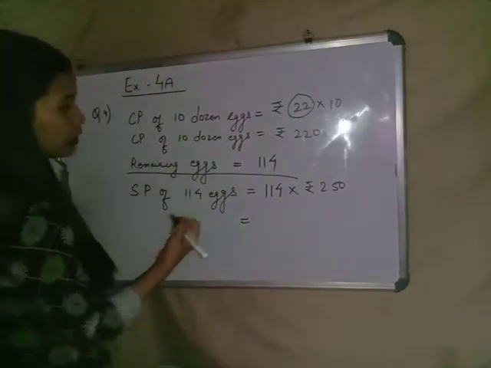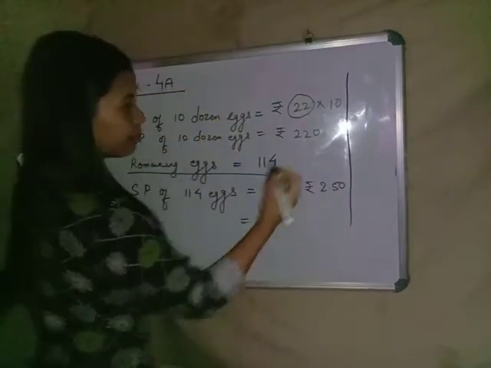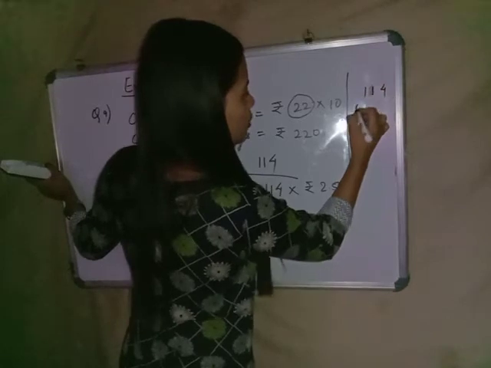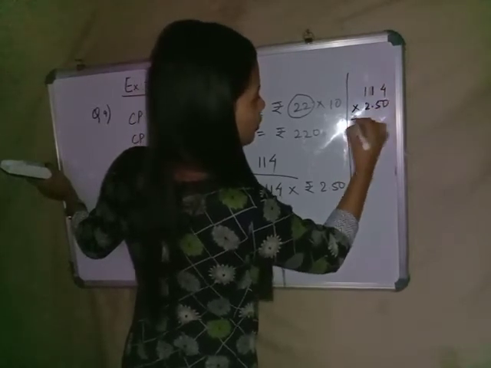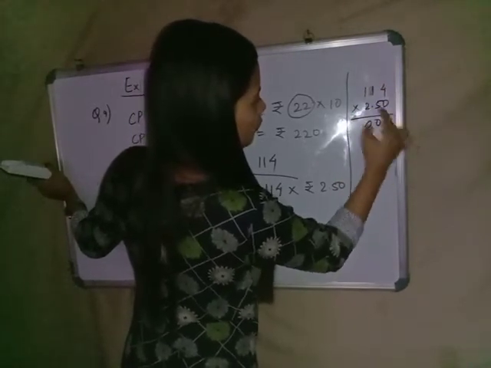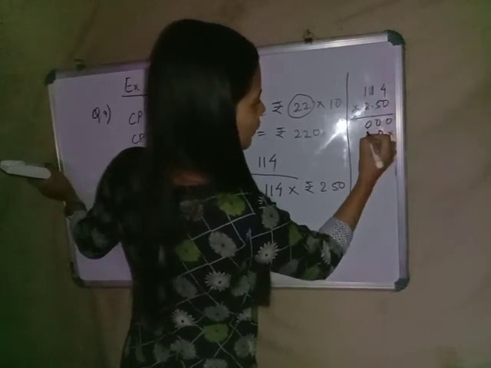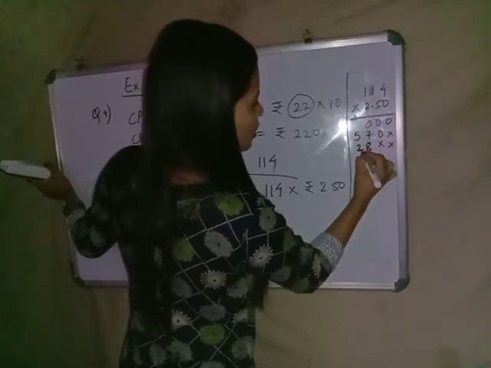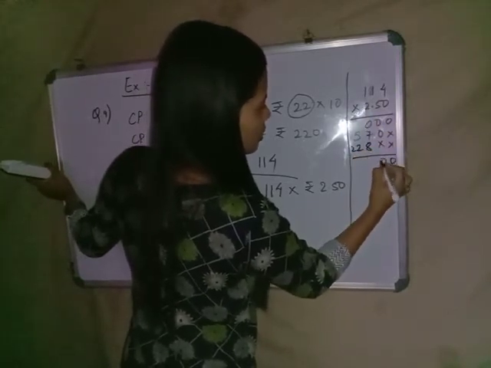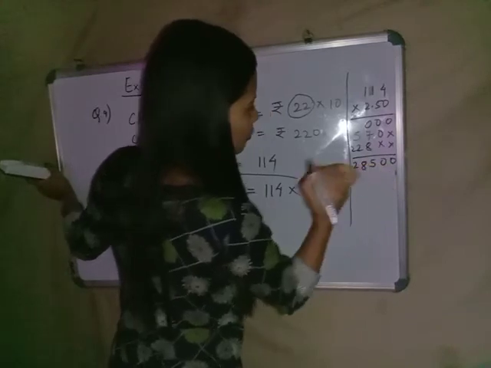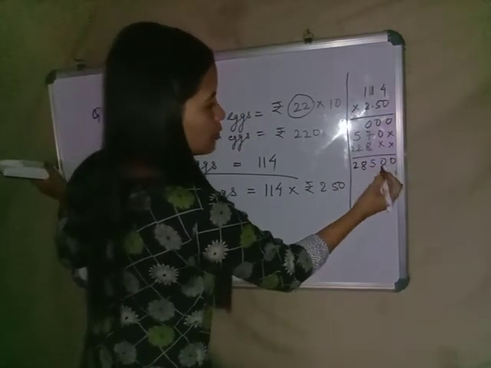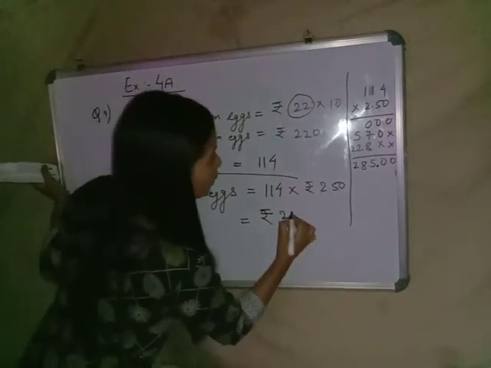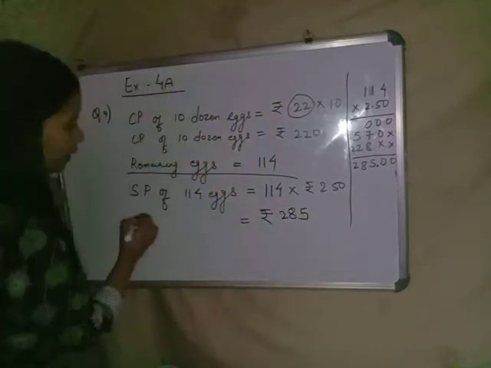So I am finding the selling price of 114 eggs. So let me multiply 114 into 2.50. So this is 0, 5 4s are 20, carry 2, 5 1s are 5, plus 2 is 7, 5 1s are 5, 2 4s are 8, 2 1s are 2, 2 1s are 2. We place a decimal here. So the selling price of the remaining eggs is rupees 285.